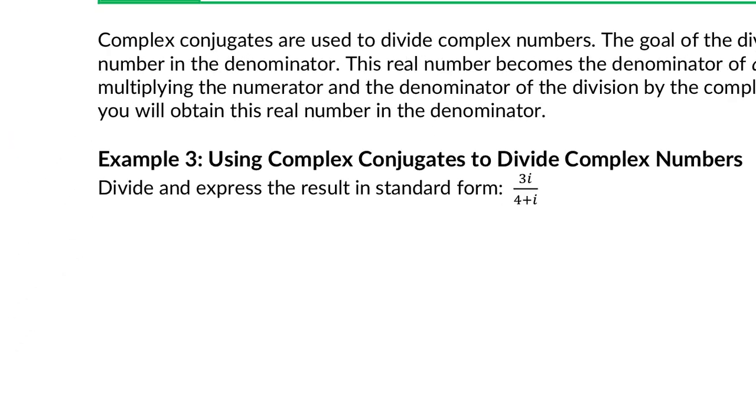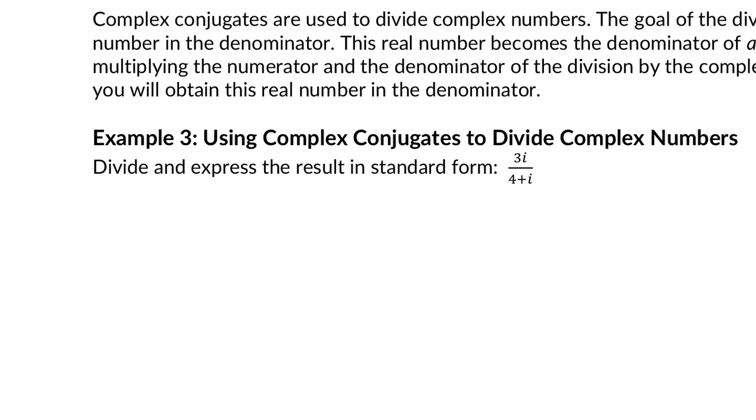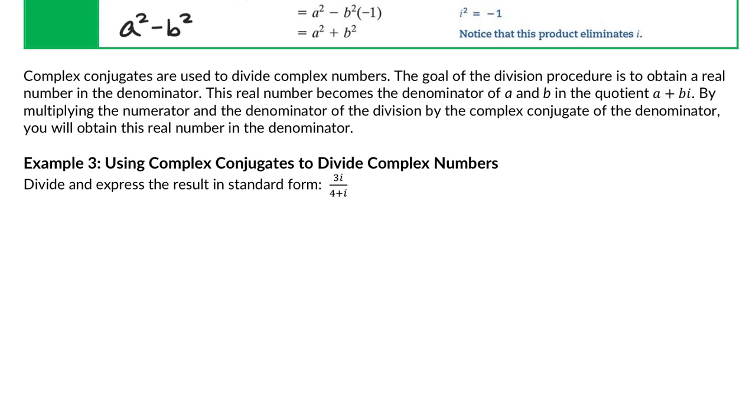Because we want to make sure that we end up with the correct complex number, when we are dividing them, we will multiply the top and bottom by the complex conjugate. And I think that's written here in these words, so let's highlight that. I can't reach that letter. By multiplying the numerator and denominator of the division by the complex conjugate of the denominator, we will obtain a real number in the denominator and thus be able to find the division quotient.